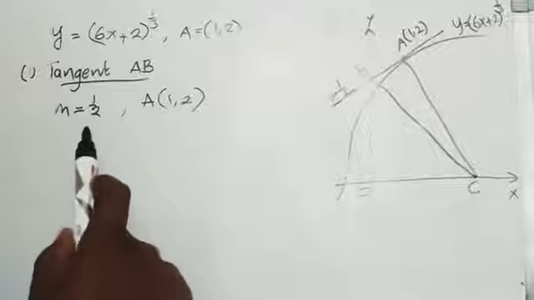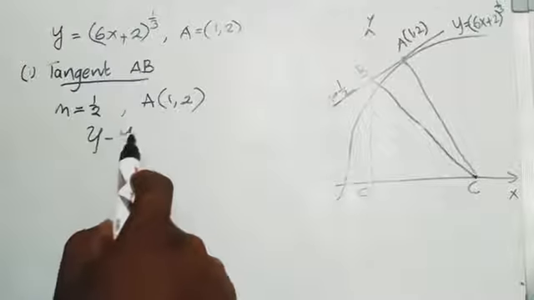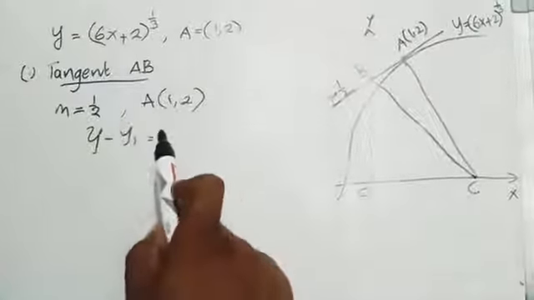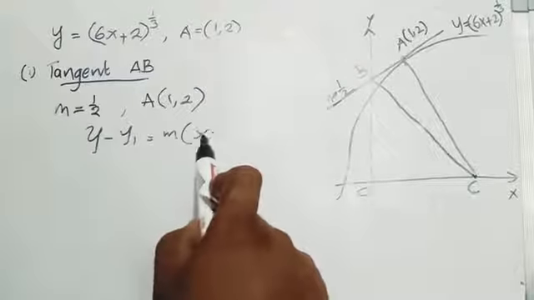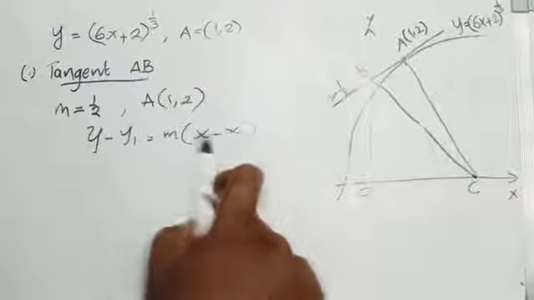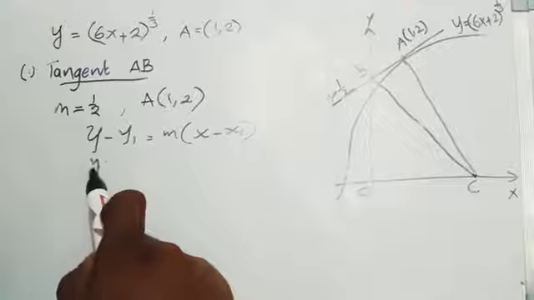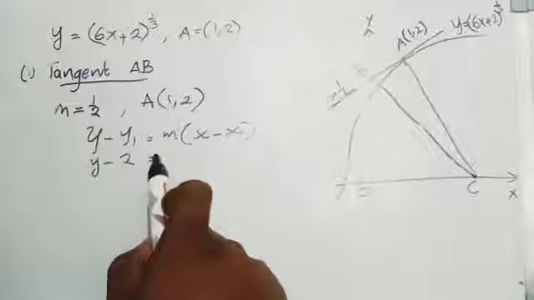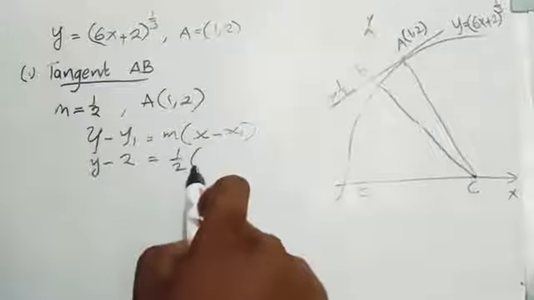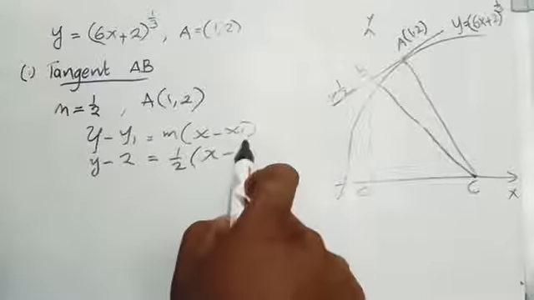So the equation of the tangent is y minus y1 is equal to m of (x minus x1), which is y minus 2 is 1 by 2 of (x minus 1).